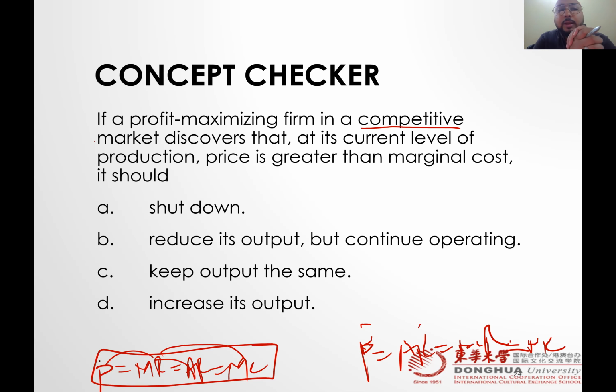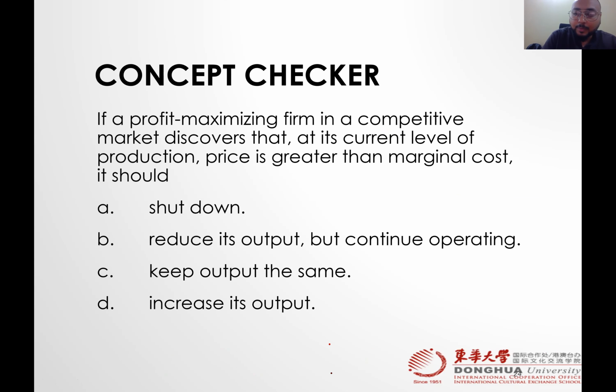Okay. So if a profit maximizing firm in a competitive market discovers that at its current level of production, price is greater than MC, which means price is greater than MC.